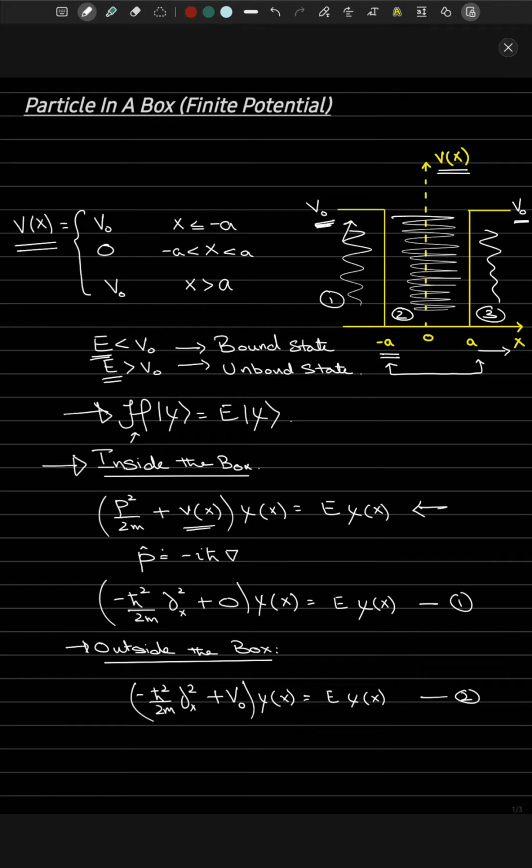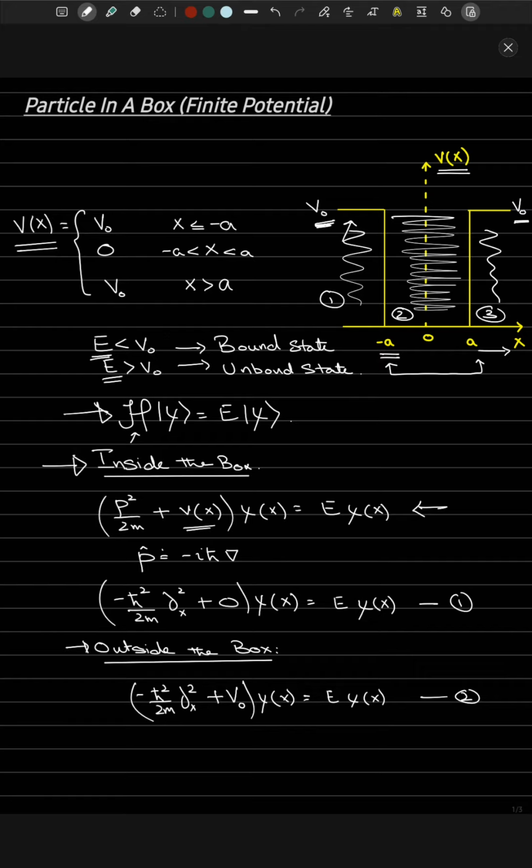How am I going to do that? If you look at the region that is outside the well, the wave function must be decaying, or it should be a decaying exponential. We have already established that it is an exponential function outside the wells, but it should be a decaying exponential.